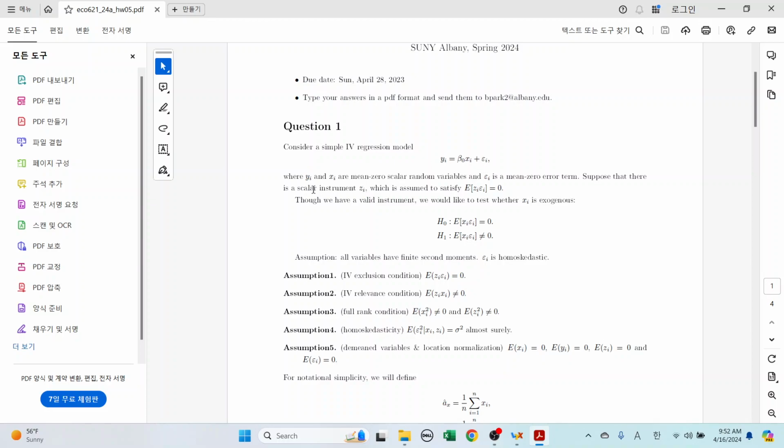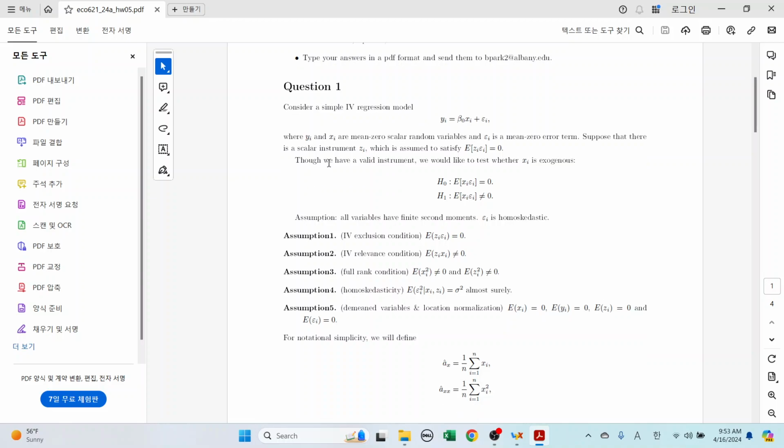So we have a scalar instrument, so we could use an IV regression model, or if X was exogenous, then we can use OLS. So we would like to test it.